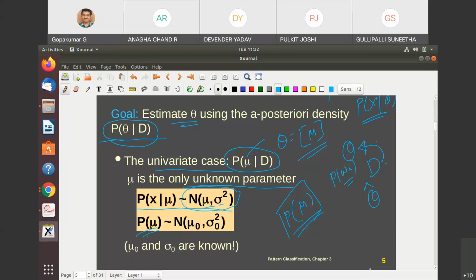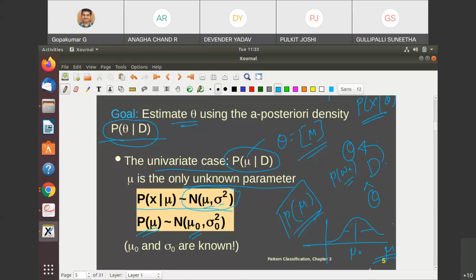We are assuming that it also follows a probability distribution form, and that it takes a Gaussian form, defined by mu zero as the mean of the mean, and sigma zero squared as the variance.